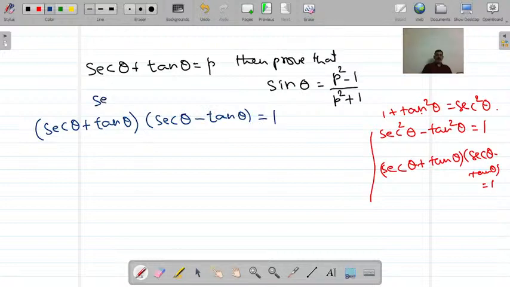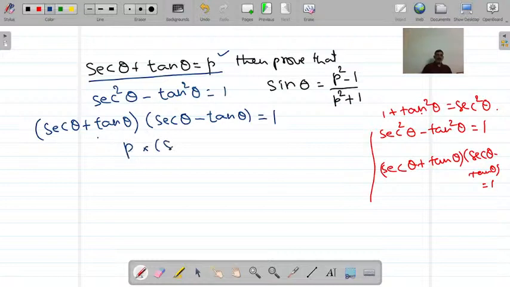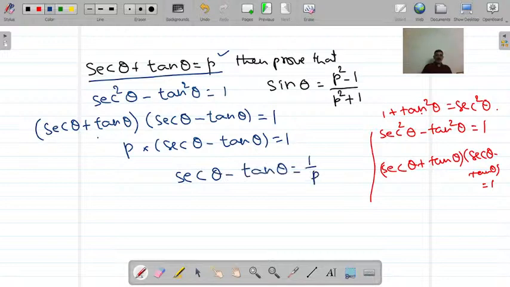Actually, it is obtained from the identity secant square theta minus tan square theta. But as per given data, secant theta plus tan theta is p. So p into secant theta minus tan theta equal to 1. So I can get secant theta minus tan theta as 1 by p.